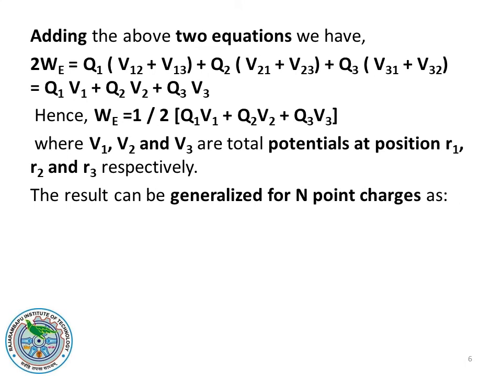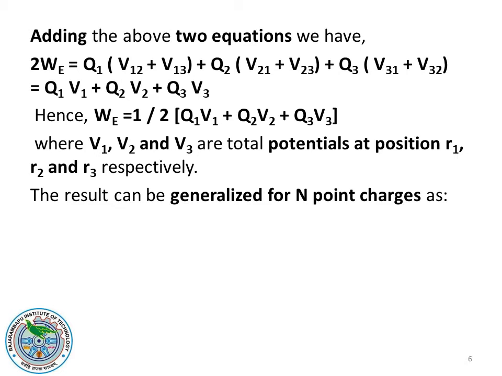Adding the above two equations, we have 2 times the total work done equal to Q1 into (V12 plus V13) plus Q2 into (V21 plus V23) plus Q3 into (V31 plus V32), as V12 plus V13 is equal to V1, V21 plus V23 is equal to V2, and V31 plus V32 is equal to V3. Therefore, 2W is equal to Q1 V1 plus Q2 V2 plus Q3 V3.